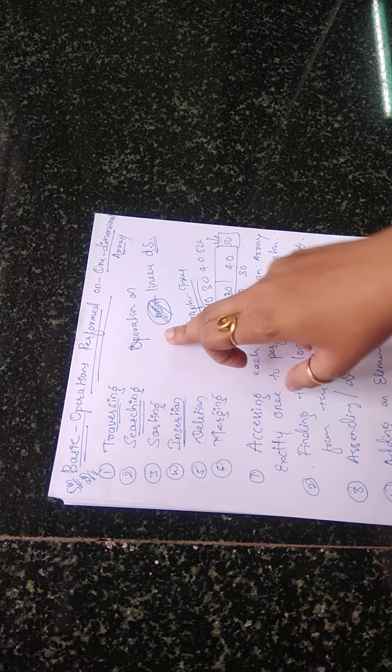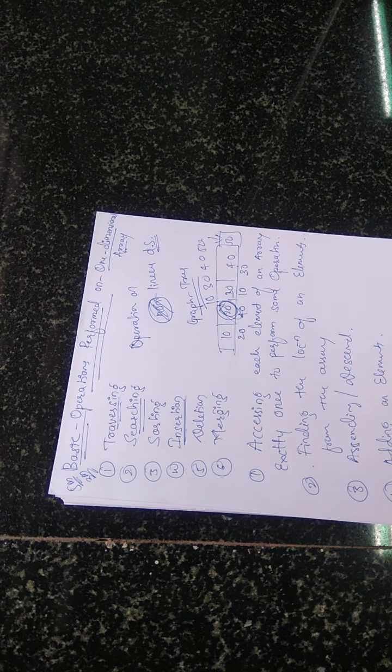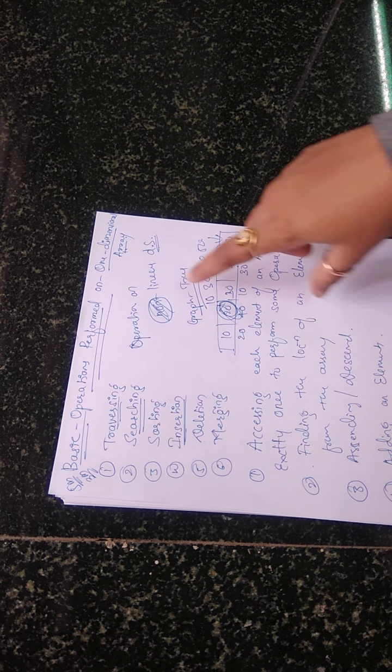This question has been asked in your exam for 5 marks and 3 marks. Remember. In today's session we covered the theory part: calculating the length of your array, how you can represent a single dimensional array in memory, and these basic operations. So note down this point.